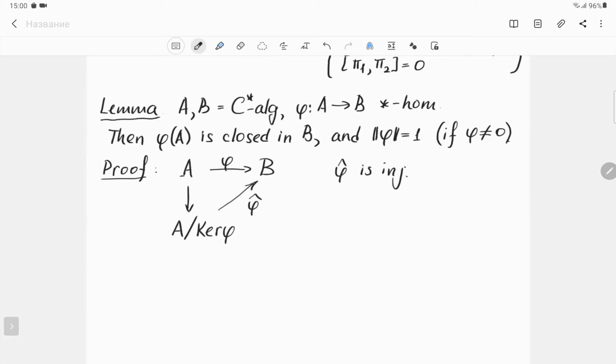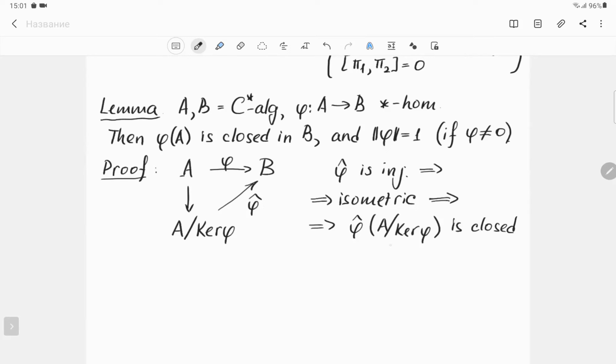But we already know that an injective star homomorphism between C-star algebras is isometric. So phi hat is isometric, and the image of an isometric operator between Banach spaces is closed. So the image of phi hat is closed. But this is nothing but the image of phi.